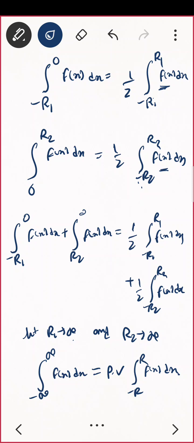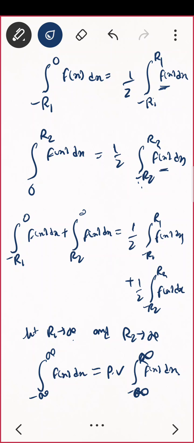Now, it will not be easy all the time to solve this principal value of the integral from minus infinity to infinity. So what are we going to use? We are going to use our residue theorem.